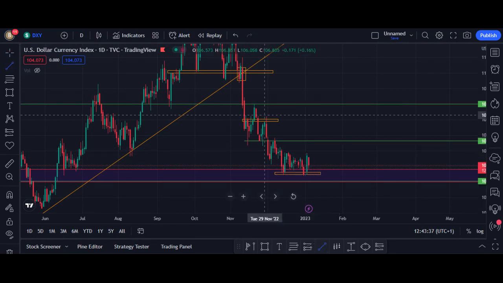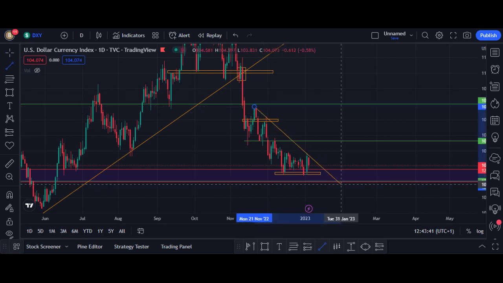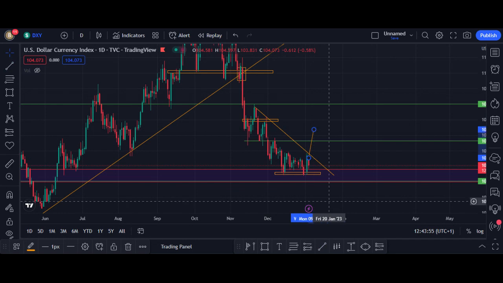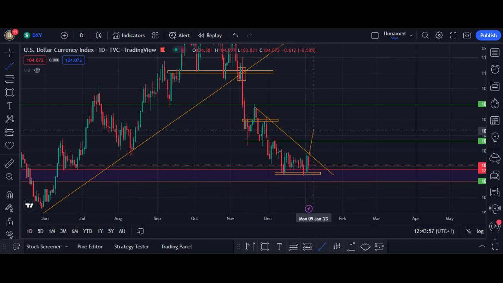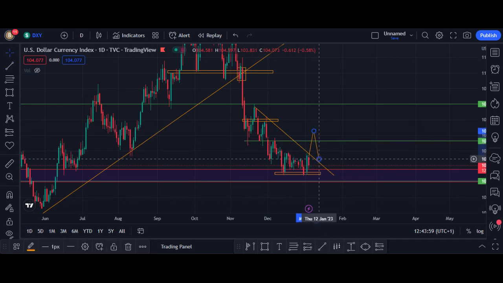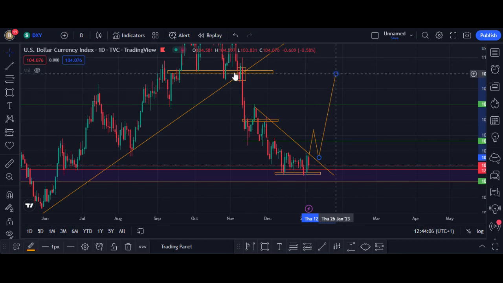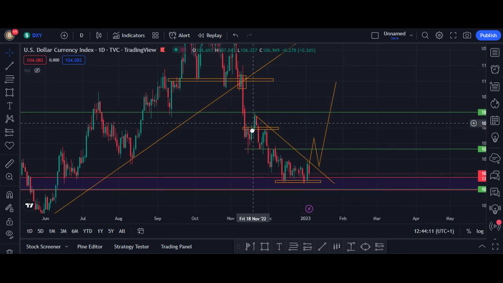If you use our trend line, you can see that in as much as we are anticipating a bull run, until there's a proper break of this trend line, and then we test, price is still bearish. So we need to wait for price to actually break that trend line. And when price breaks that trend line, that's when we'll be expecting bulls probably to run back to this neckline. Remember, we haven't tested this neckline yet.